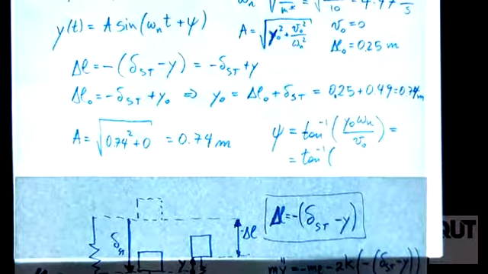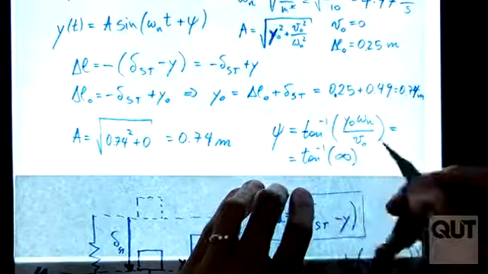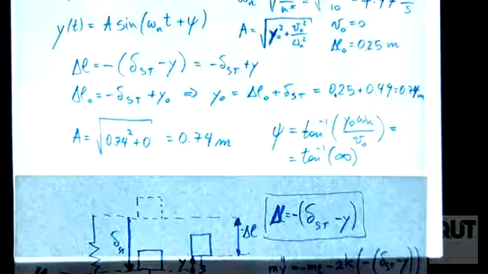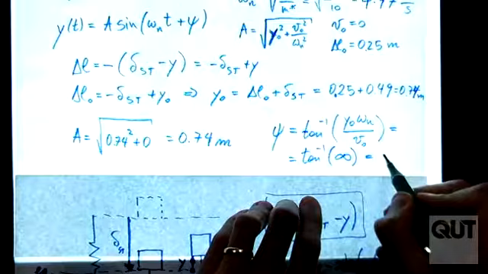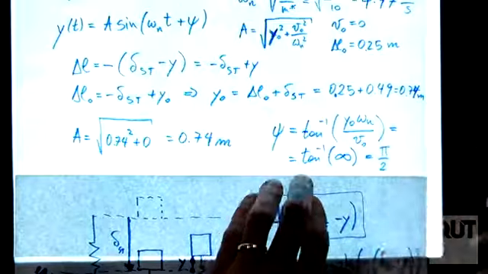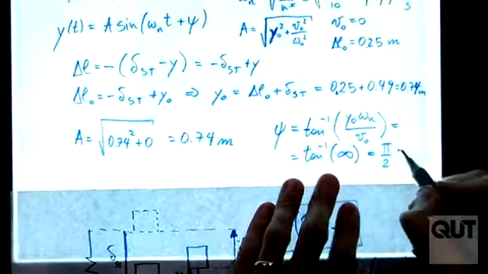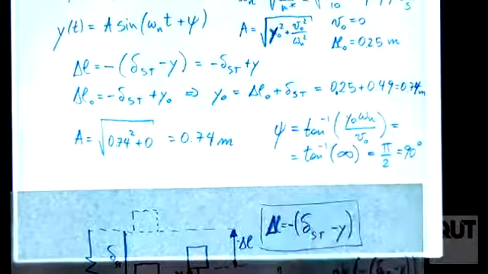Infinity. How much is arctangent of infinity? Pi half. 90 degrees. That's the arctangent of infinity. Okay?